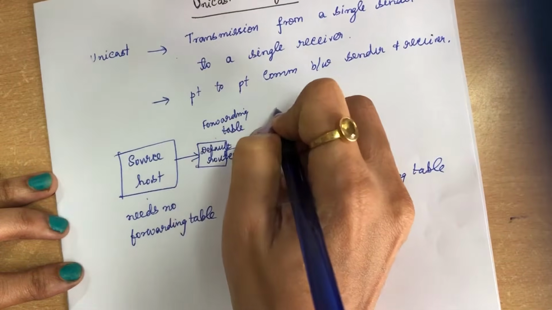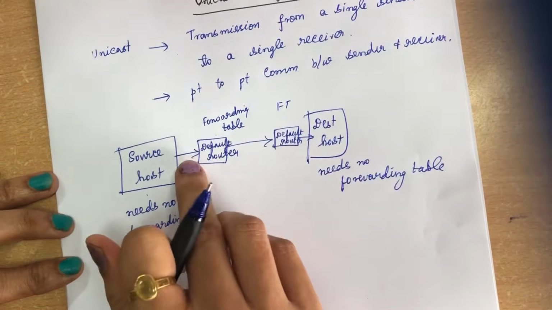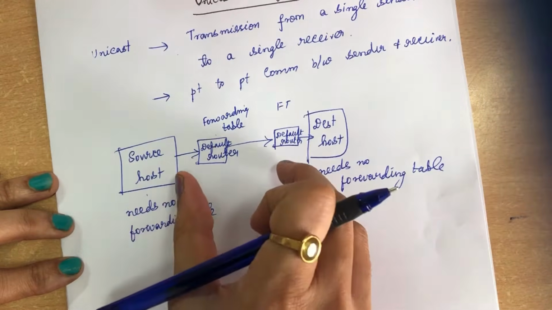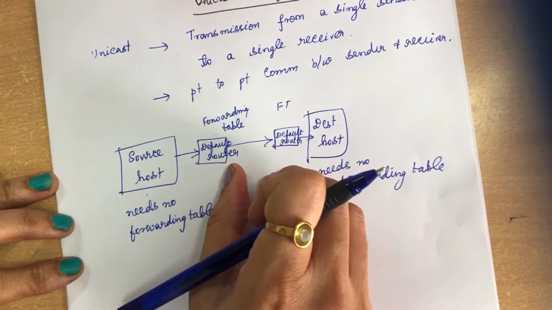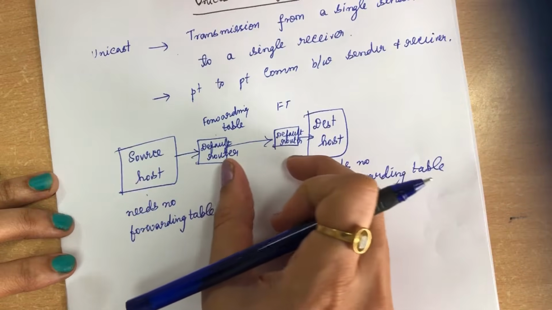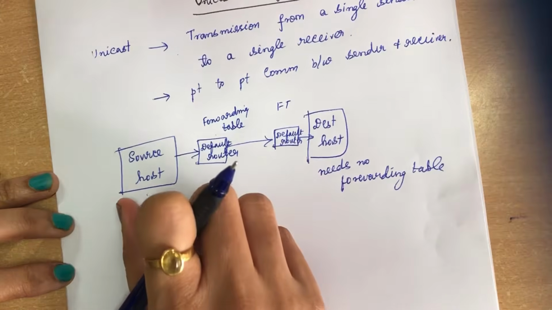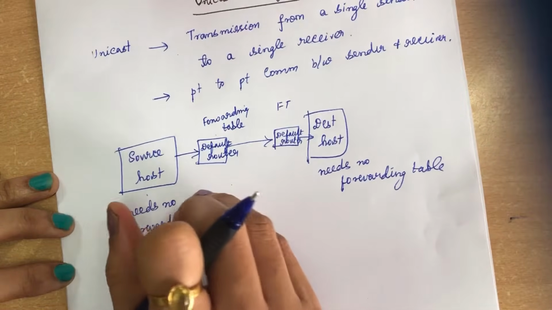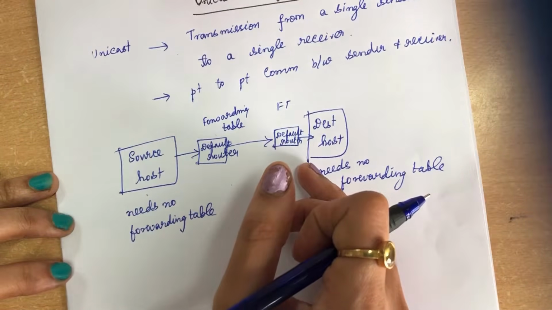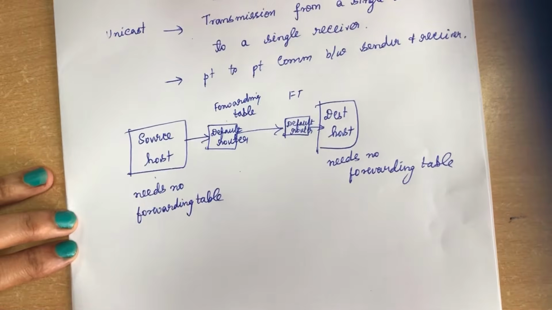Both the default routers use a forwarding table to deliver the packets. So only the routers will connect to each other and send the packet. This routing of the packet from the source router to the destination router, we can call it unicast routing.